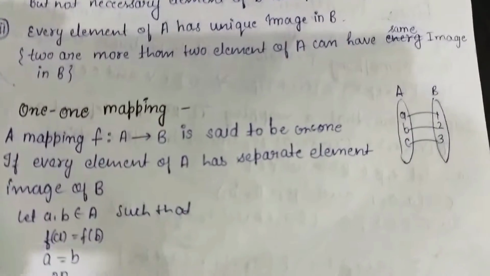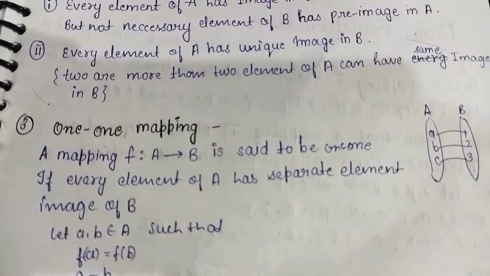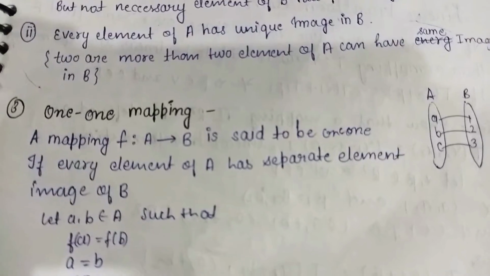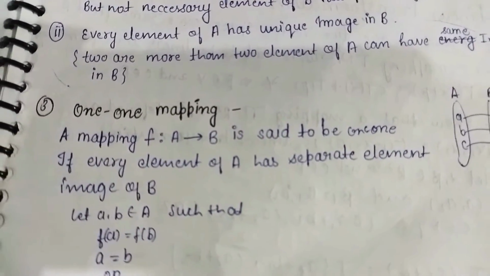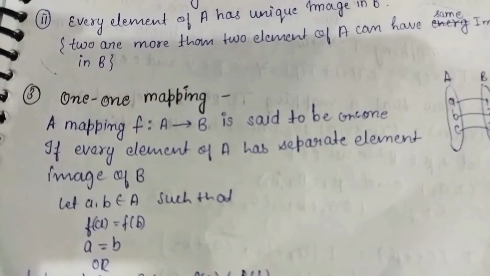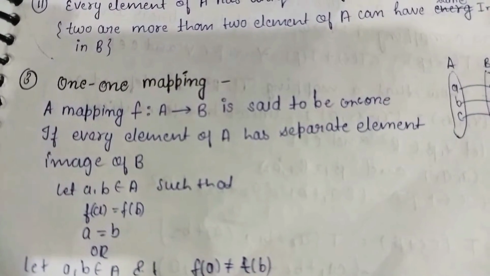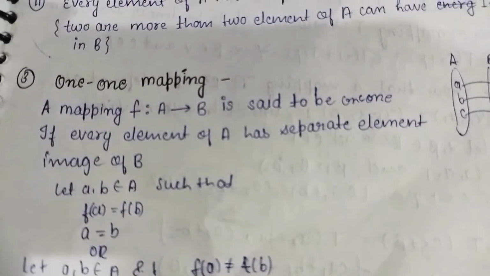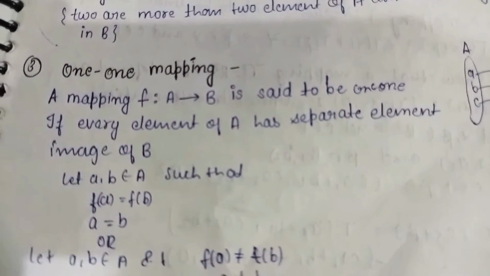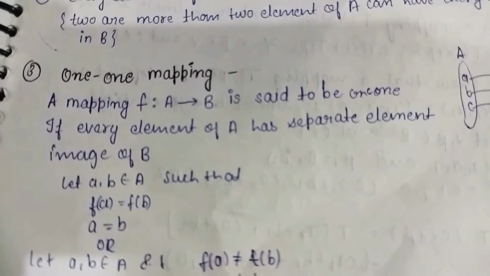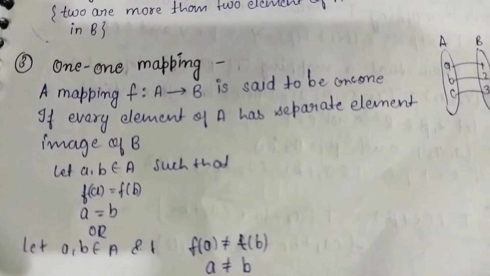Now the third one is one-one mapping. A mapping F: A → B is said to be one-one if every element of A has a distinct image in B. Let a, b belong to A such that F(a) = F(b). That means the image of a is F(a) and the image of b is F(b), which means a = b.